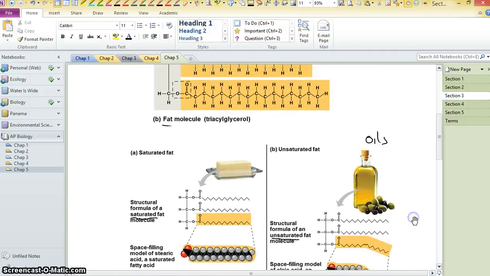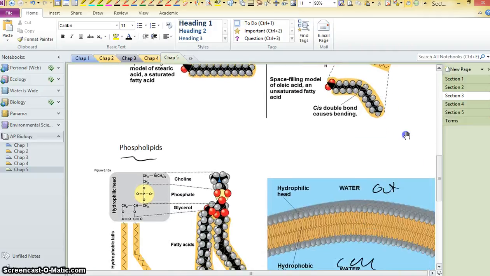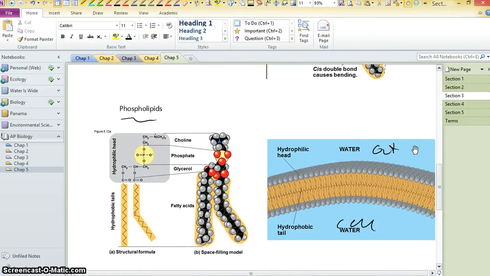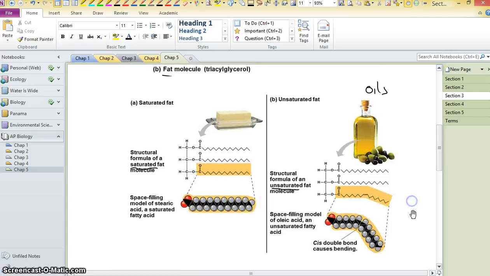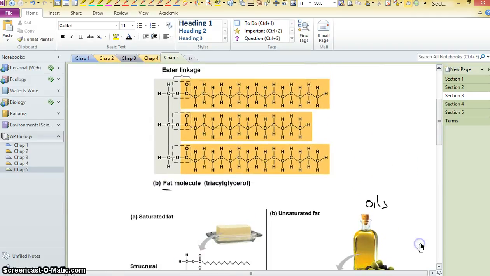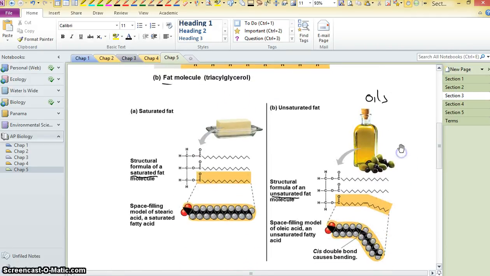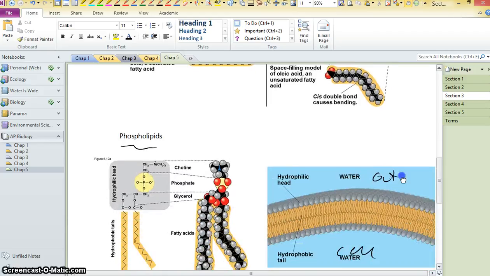Lipids, in general, are what you would call hydrophobic. That is, they do not have a charge, so they don't stick to water. They do not dissolve in water. So with fats and oils, there is no charge in this molecule, so they do not dissolve in water, as we know.